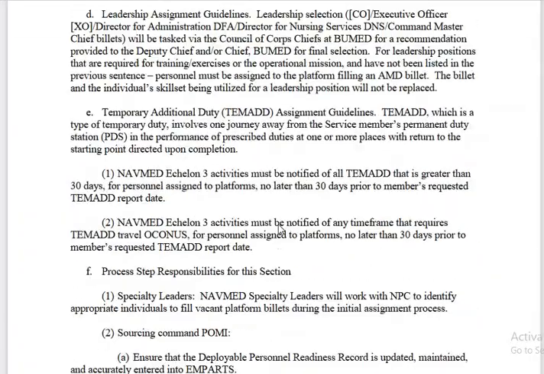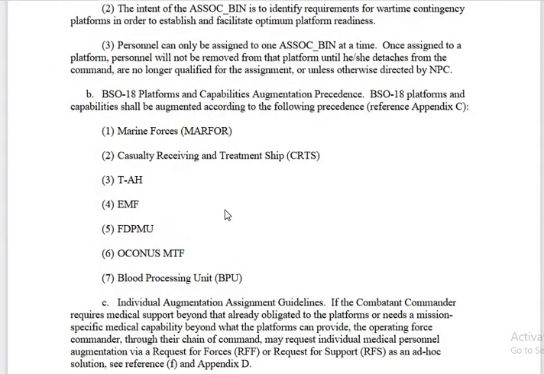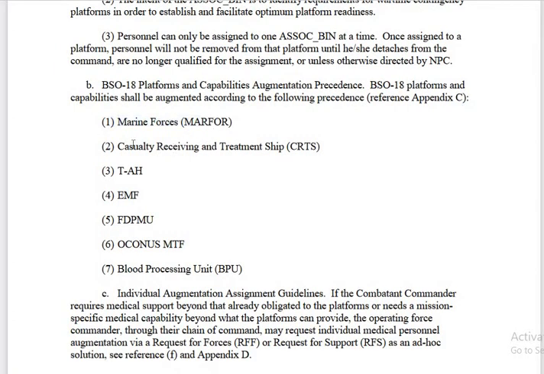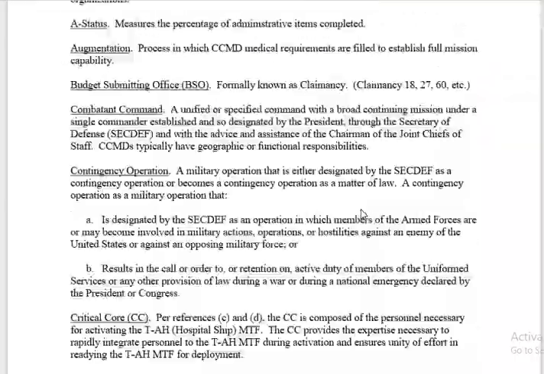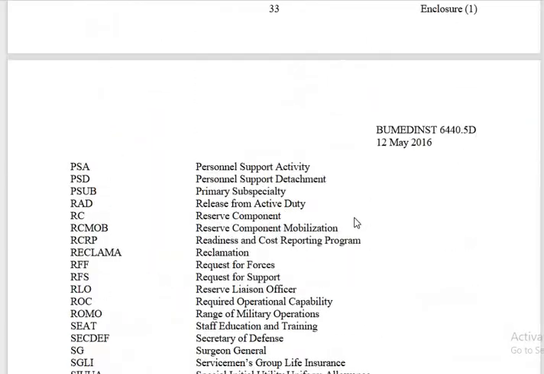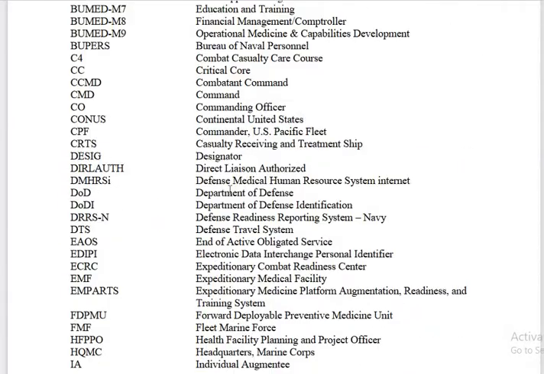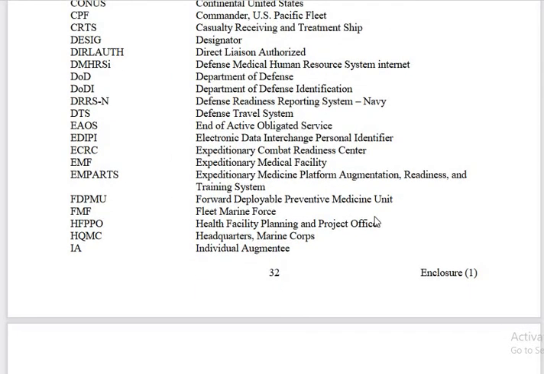WSR is pretty easy for me to remember, but this one: MARFOR number 1, casualty receiving and treatment ship, hospital ship, EMF, FDPMU, OCONUS MTF, blood processing unit. The only one of these I have no idea what it is is the FDPMU, which actually, let's scroll back to the acronyms. Let's see if it's on there. There we go. So that kind of made sense from the PMU.